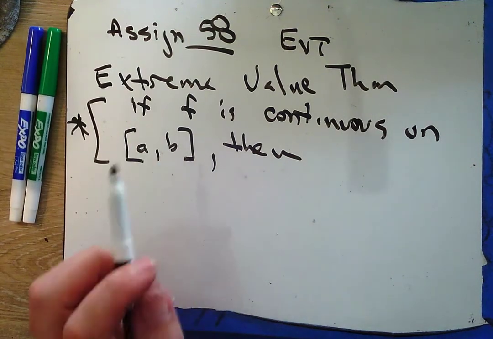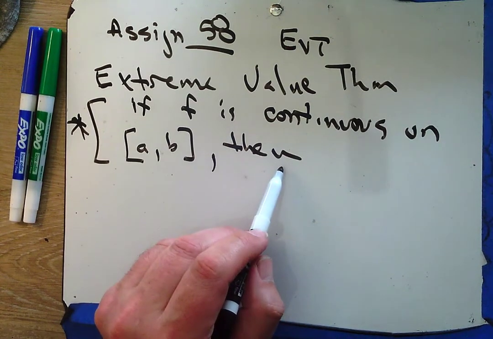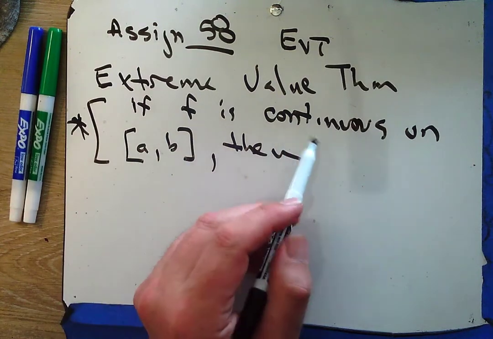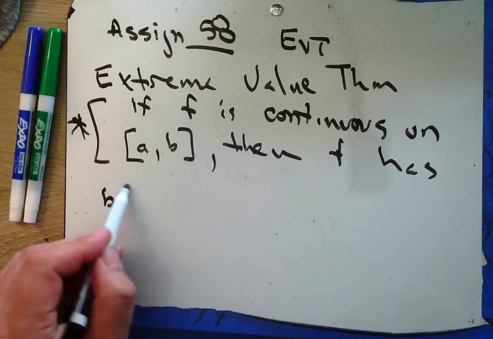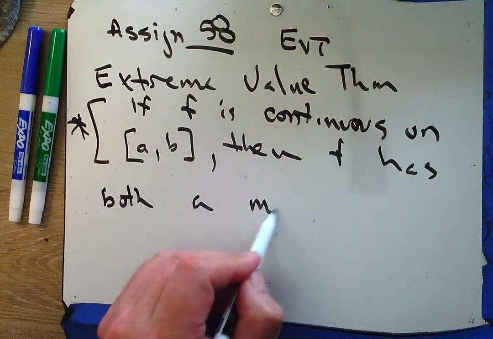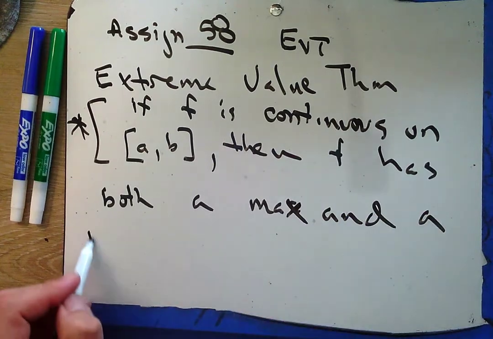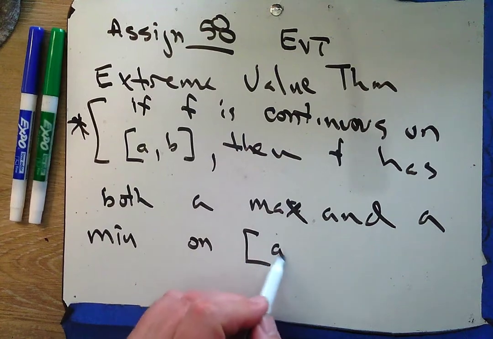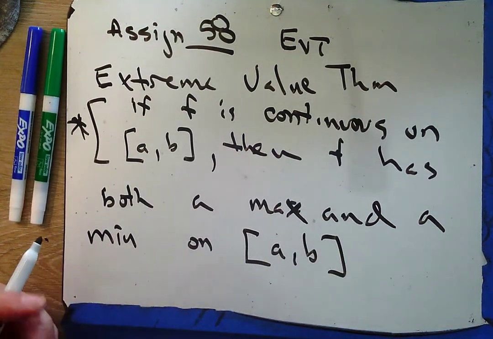But before we get to what comes after the word then, all right, I'm sorry, we'll do it. Then f has both a max and a min on a to b.